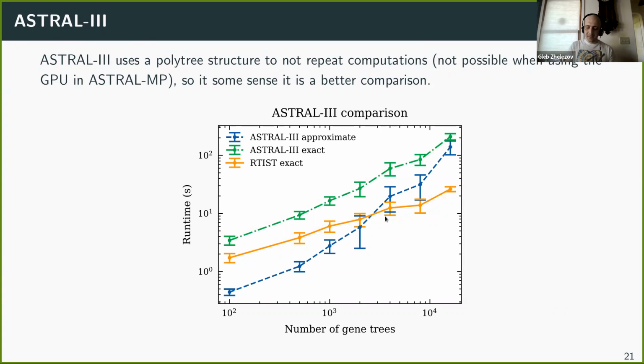But still, it's an improvement, and you could maybe say the benefit of using the algorithm here is that Astral 3 can't be parallelized, whereas the algorithm we showed here can be. So here, actually, I limited RTIST to just one thread. I guess it doesn't matter on the log-log scale, but anyway, that's what you have.